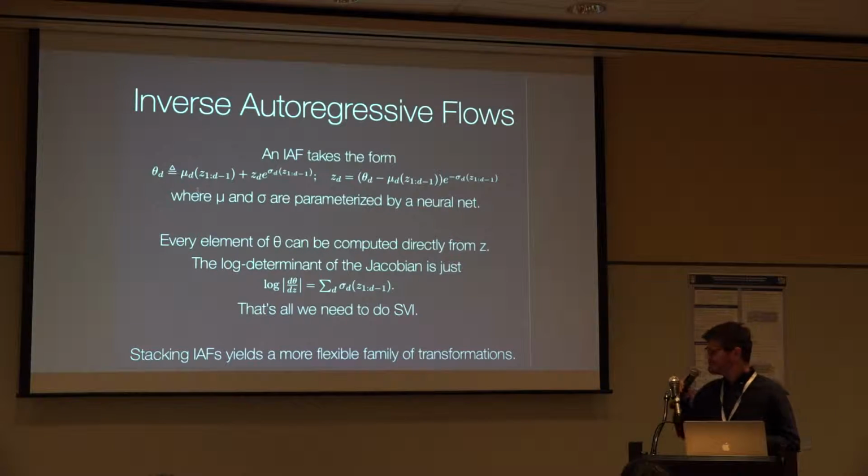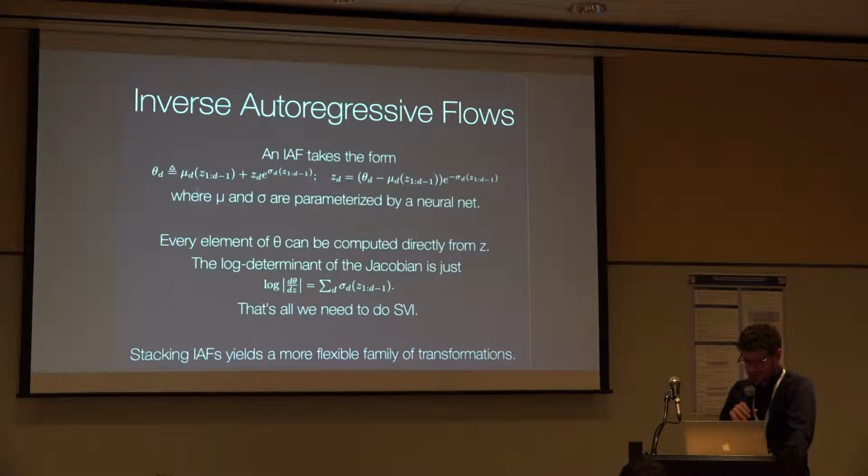I'm not going to spend too much time talking about the exact form here, but it's another one of these tractably invertible transformations that involves a shift and a scale of every dimension, in a way that gives you this lower triangular Jacobian that makes everything nice and tractable.